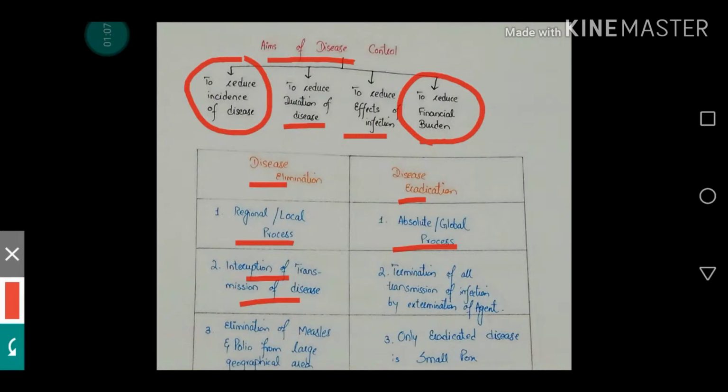However, disease eradication is defined as termination of all the transmission of that infection by complete extermination or removal of the agent that is responsible for that disease. Elimination of measles and polio from a large geographical area is an example of disease elimination. However, there is only one disease that has been completely eradicated, that is smallpox.